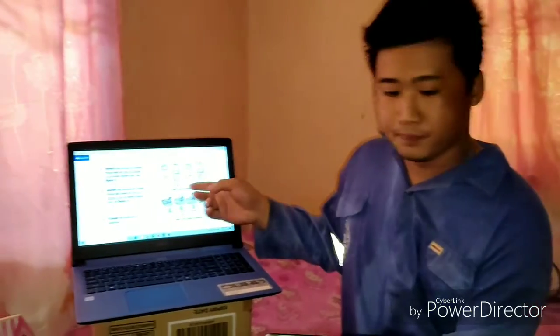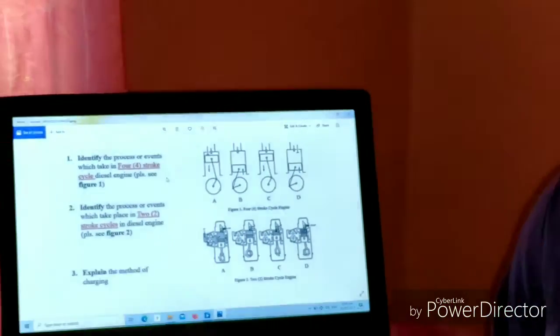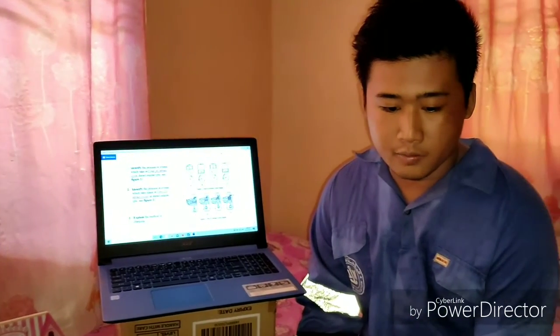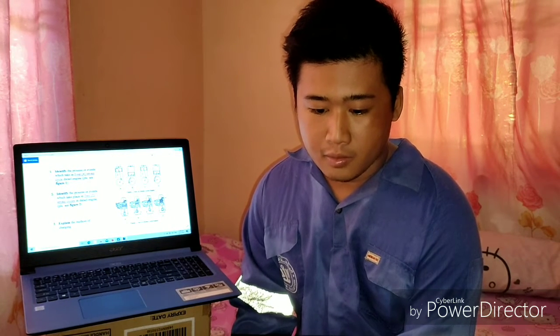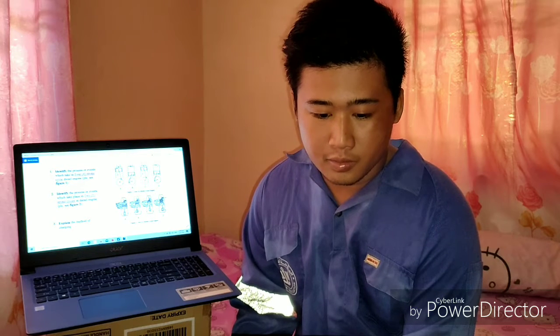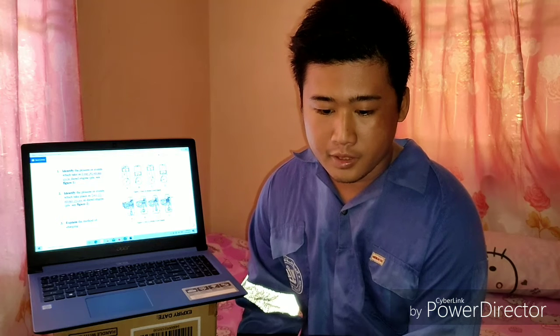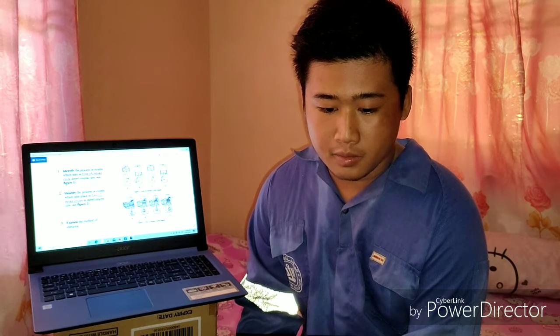Letter C, or the third process of the 4-stroke cycle diesel engine, is called power or combustion. It is also known as ignition. This is the start of the second revolution of the 4-stroke cycle, at the point where the crankshaft has completed the full 360-degree revolution while the piston is at the top dead center.